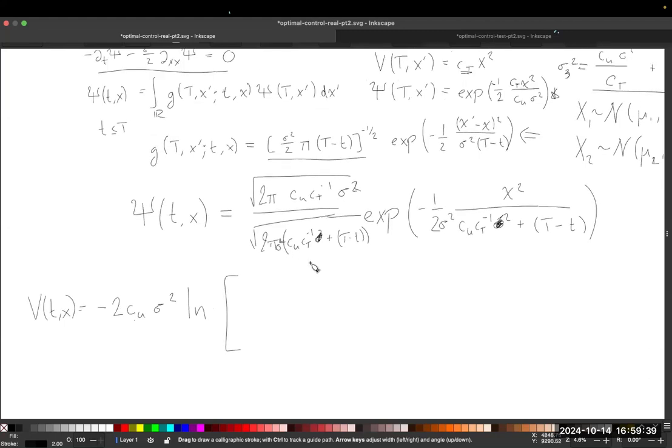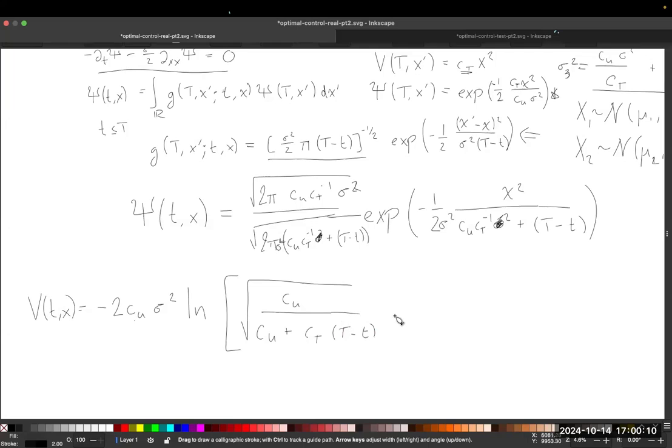We have cancellation of the 2 pi and the sigma squared here, so we can write the square root of Cu Ct. Actually, we can also multiply it through by Ct in the numerator and denominator, so we have Cu plus Ct, T minus little t.